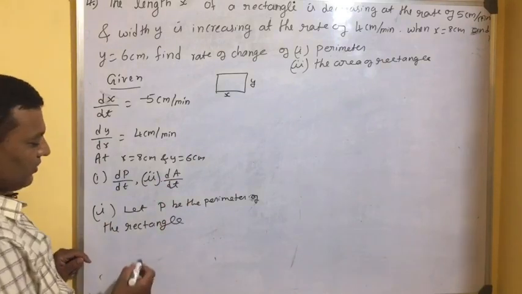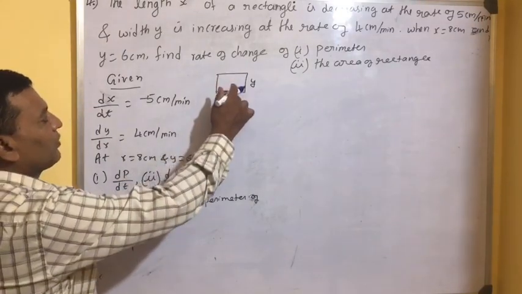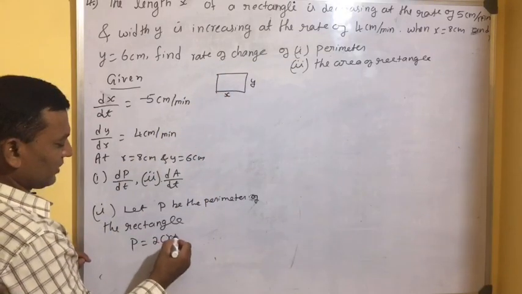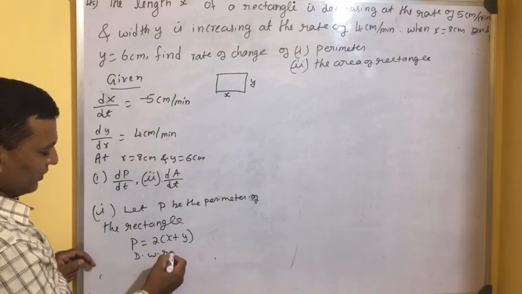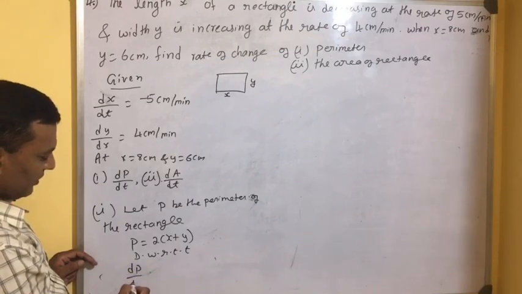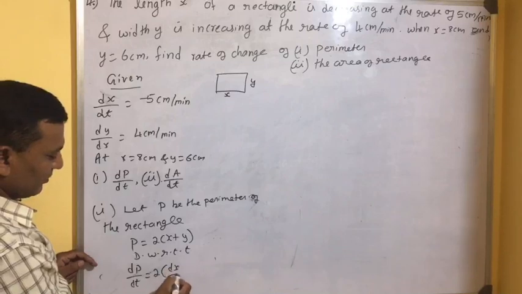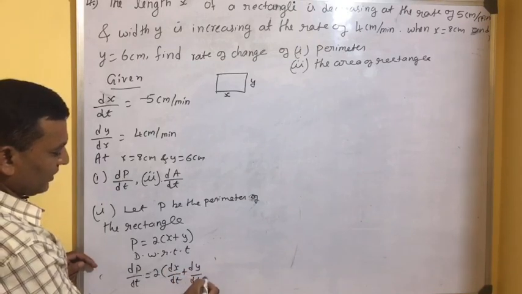Okay students, then we know the formula. It is 2 times length plus 2 times width, because we have both lengths equal and both widths equal. So it is 2 times x plus y. Now if we differentiate this with respect to time, dp by dt is equal to 2 into dx by dt plus dy by dt.